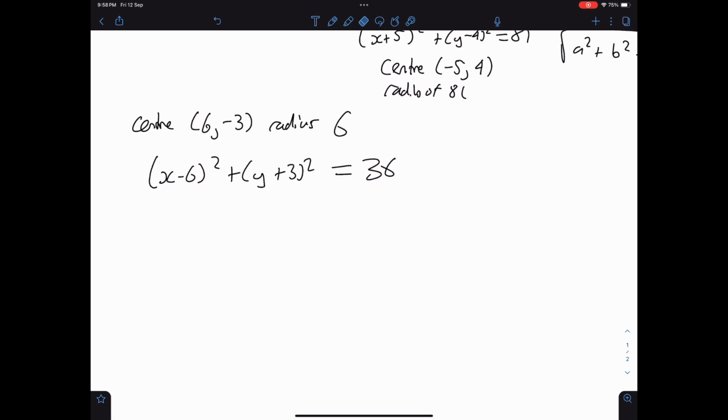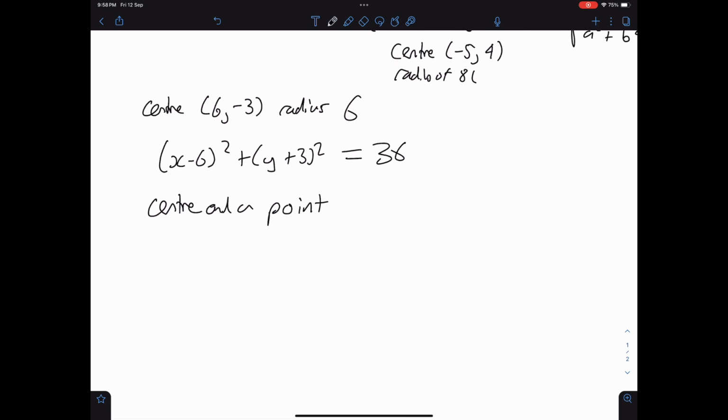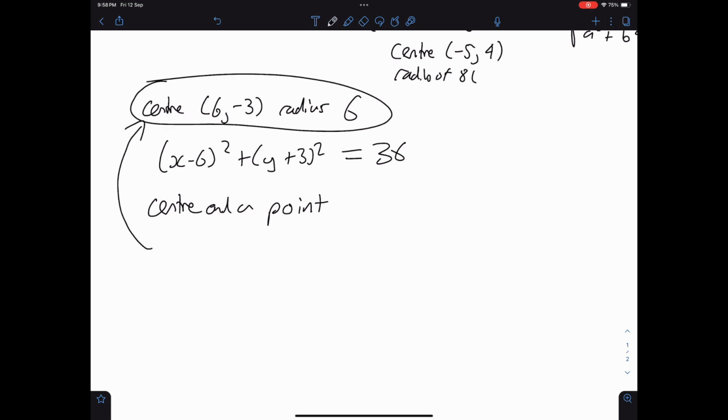And then another way they could do it is doing centre and a point. And what you could do is, well, you want to end up getting these things. You want to essentially end up with the centre and the radius, because those are what defines a circle, right?